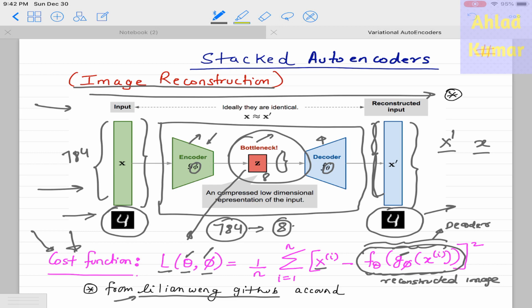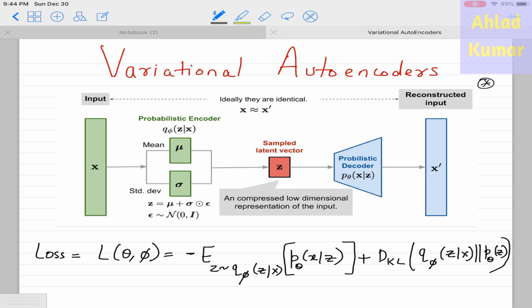If we are able to reconstruct the original image from this compressed version, we can transmit it over the transmission channel and reduce the cost of bandwidth, which in turn will reduce the cost of telecommunication services. This is similar to a compression algorithm, where we compress the original image from 784 to 8 pixels. Next we will discuss variational autoencoders.